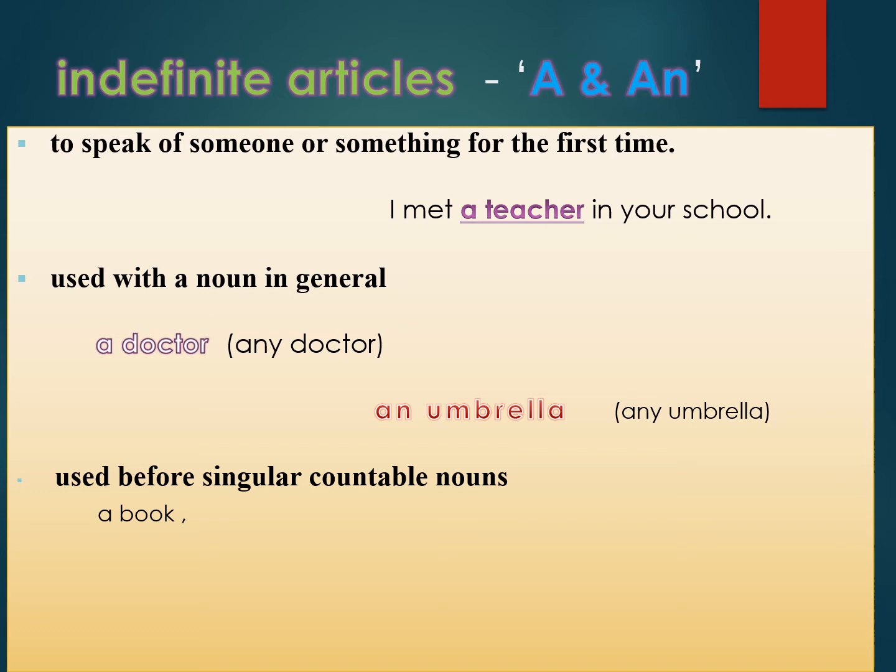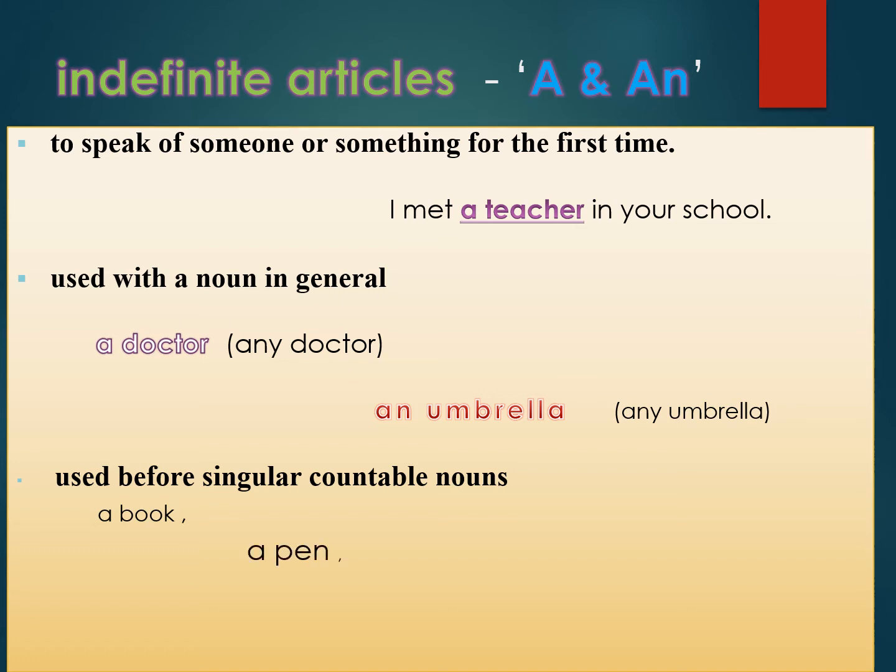Why only a? Because the first letter of book, B, is a consonant. It is giving the consonant sound b, book. So we have to use a in front of book, a book.